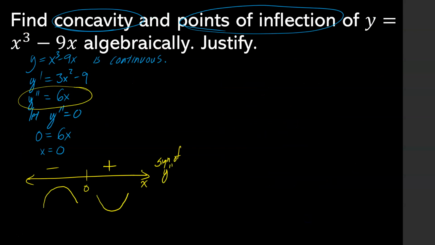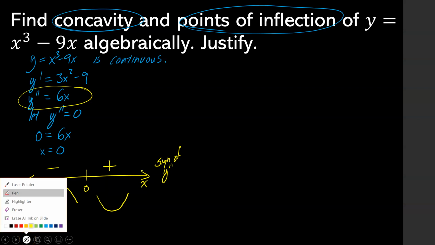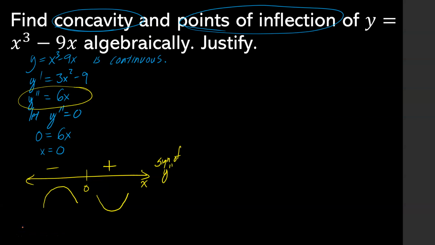Now we are ready to write our justification. What color do you think we should use? If you said red, my computer disagrees. So what do we start off with? Y equals the most important thing, x cubed minus 9x is continuous. And we want concavity and points of inflection.